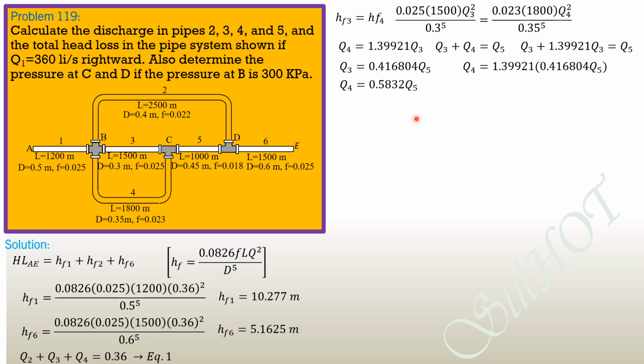So likewise, HF2 is equal to HF3 plus HF5, so that we can relate the discharges between 2 and 5. Again, 0.0826 is common to these head losses here, so I will no longer write 0.0826 anyway.